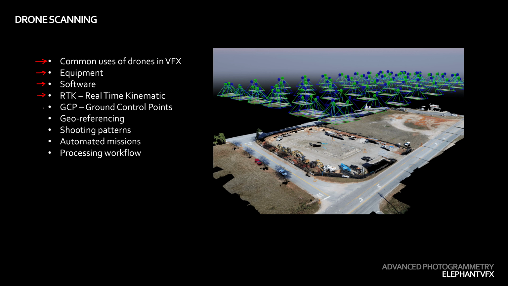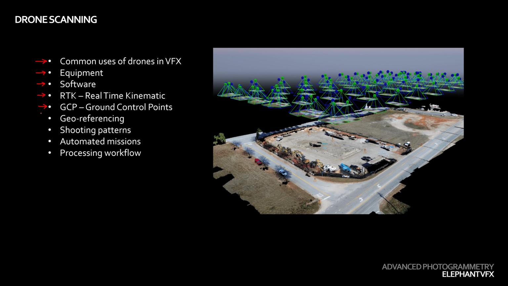Then we're going to be talking about ground control points. And again, if you're not very familiar with drone scanning, with drone mapping, you might not know how to use ground control points. I'm going to explain to you what ground control points, or GCPs, are. And we will be doing an exercise also using ground control points.